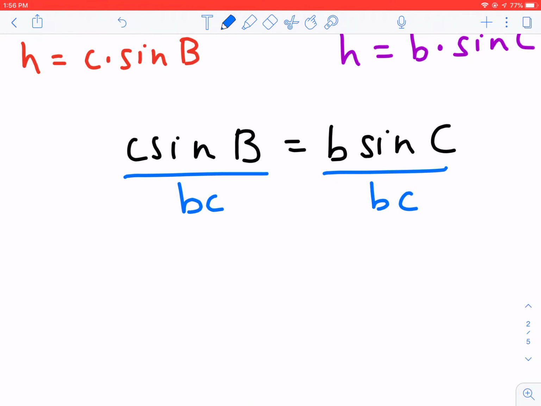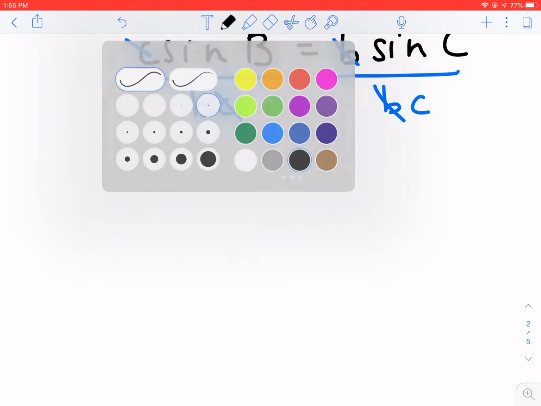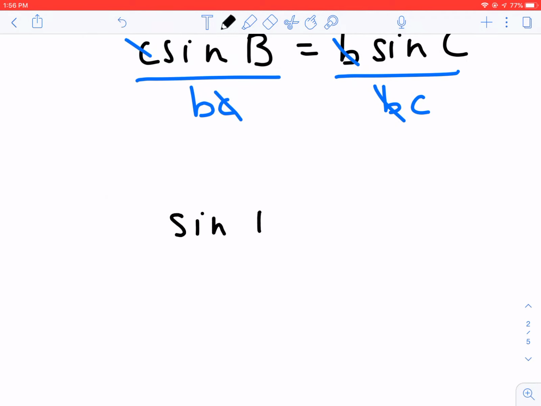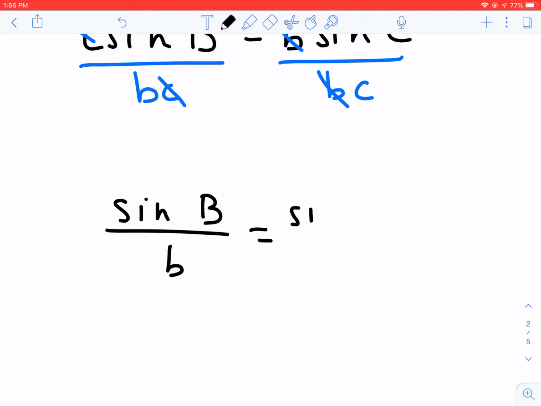What we get is the C's cancel out here and the B's cancel out here, and we get sine of B over B is equal to sine of C over C.